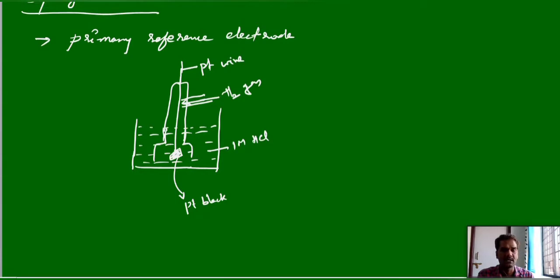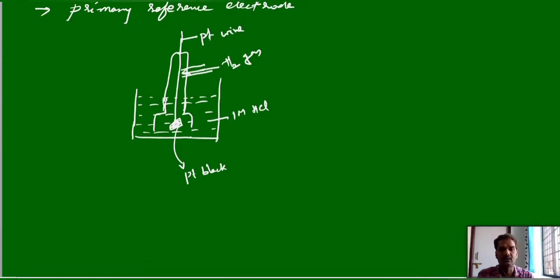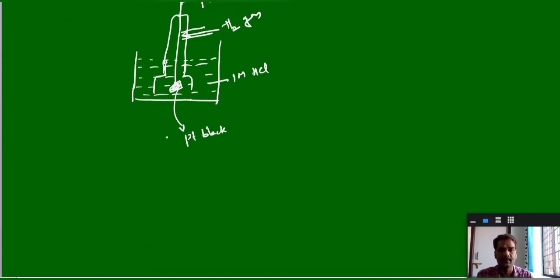Now we can represent this hydrogen electrode. This is just the construction of the hydrogen electrode. It can act as both anode and cathode. This is an example of a gas ion electrode.